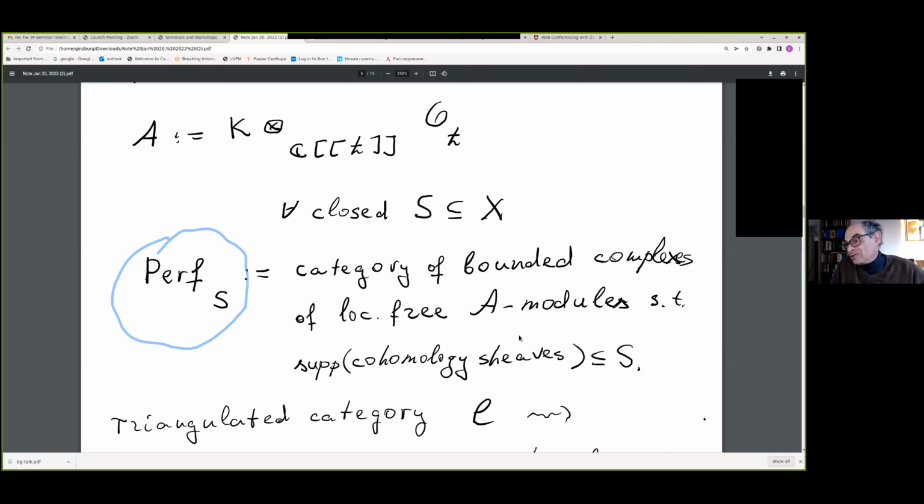If you have a module, then you can define its support as it is done in, let's say, Macdonald: you take the ideal which kills this module and then take zeros, essentially. I mean, the ideal is inside of O, right? Just basically restrict the sheaf as an O-module. Well, no, this definition is not applicable to my setting, because this definition of support in commutative algebra really needs a commutative algebra.